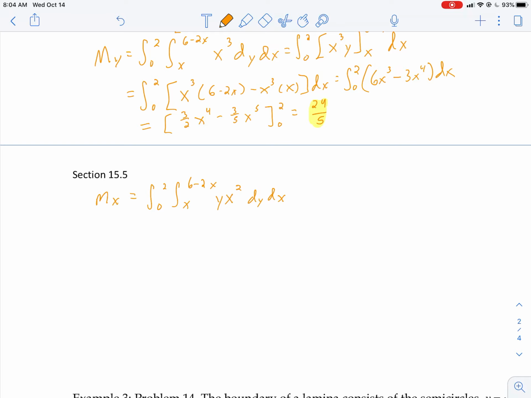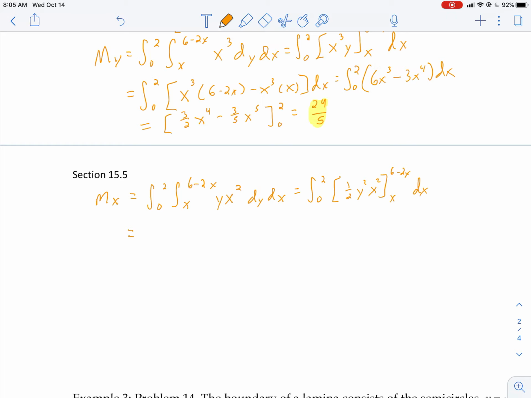Now when we integrate this, we're going to have 1/2 y squared x squared, from x to 6 minus 2x, dx.